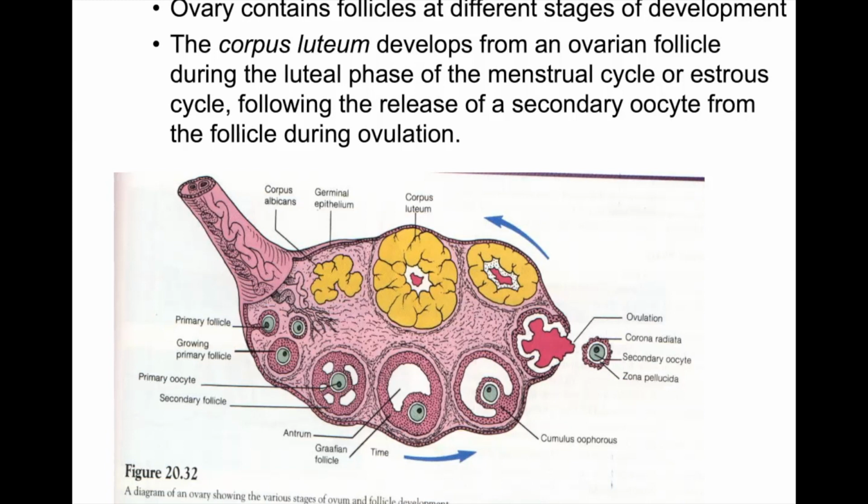This tissue becomes known as the corpus luteum, which means yellow body in Latin. The corpus luteum is especially worth noting and something we will come back to because it plays an important role in regulating both the menstrual cycle in primates and the estrous cycle in rodents, dogs, etc.